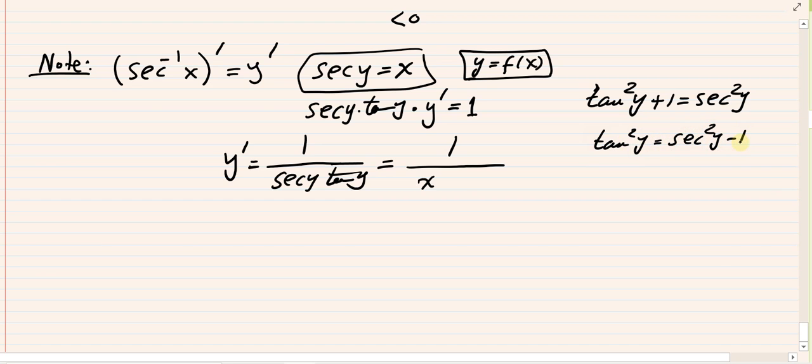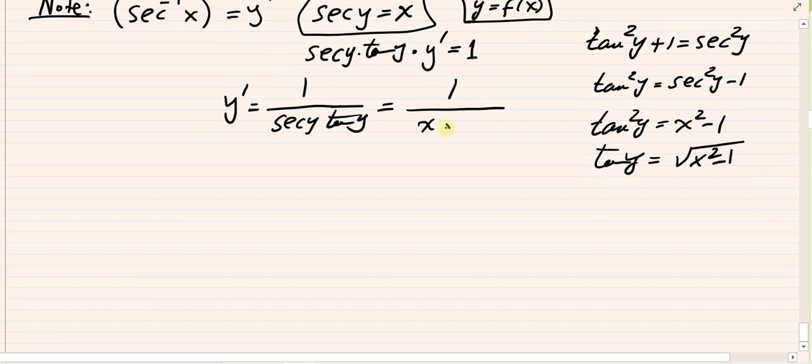Now remember secant squared y means x squared. Therefore tangent squared y is x squared minus 1, and tangent of y is the positive root, so that's the square root of x squared minus 1.